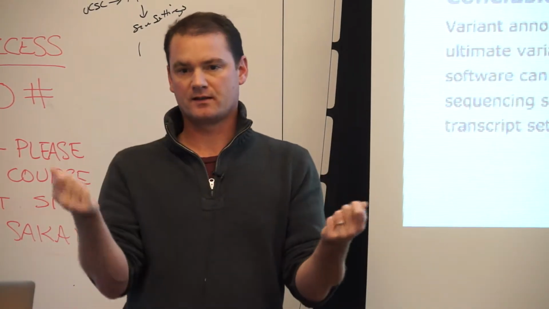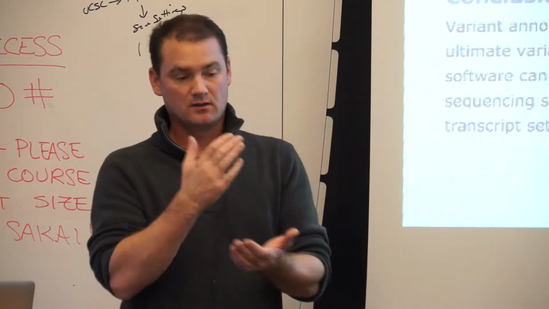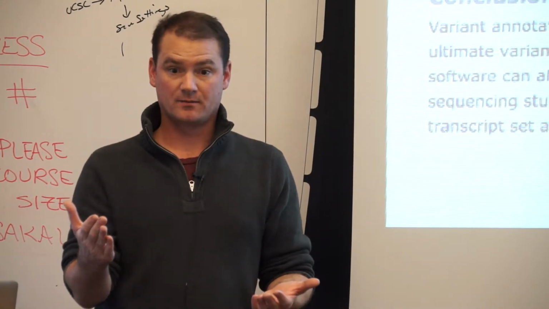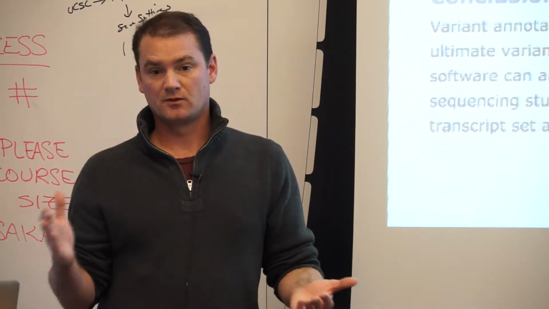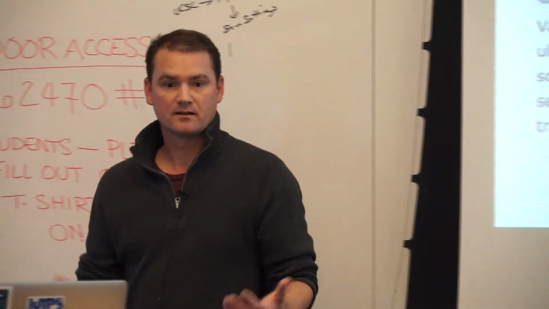Once you identify a set of loss of function variants in a genome that you're sequencing, you have to do the follow-up to figure out, okay, is this transcript actually expressed? Is it ubiquitously expressed? Is it from a pseudogene? What is it?